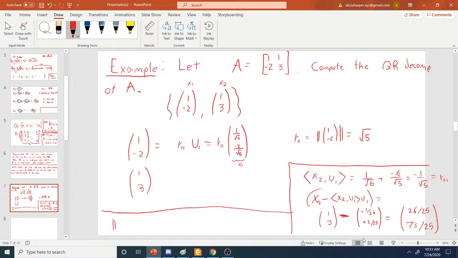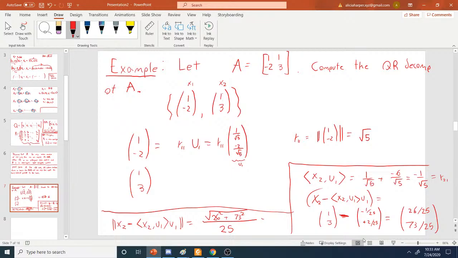And the magnitude of x2 minus x2 inner product with u1 times the vector u1 is going to be equal to, so we're going to have 25 on the outside, and then up here we're going to have square root of 26 squared plus 73 squared.